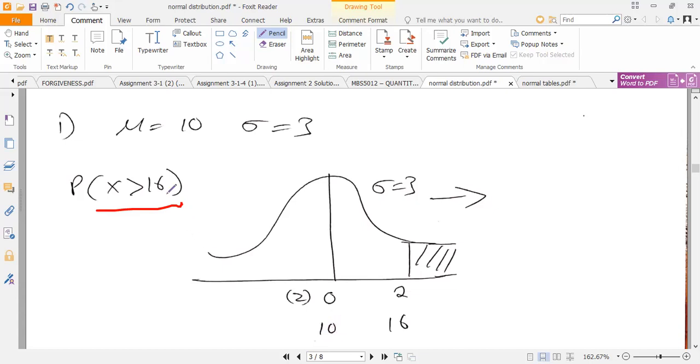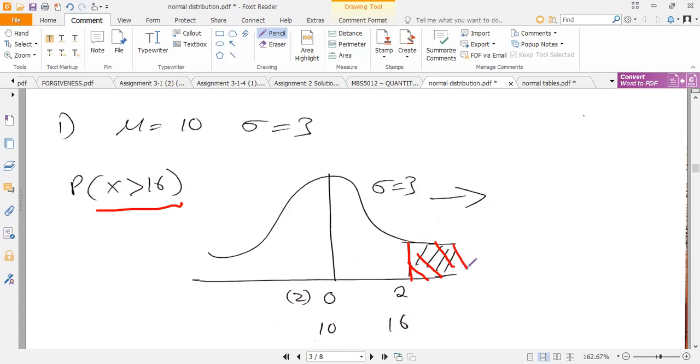The 16, we need to locate it. Is 16 more than 10 or to the left side of 10? Using a number line, 16 is on the right side of 10, so we put it here. Then we put our divider line. The sign says greater than, so the reason we are shading to the right is because of the sign, which says greater than.